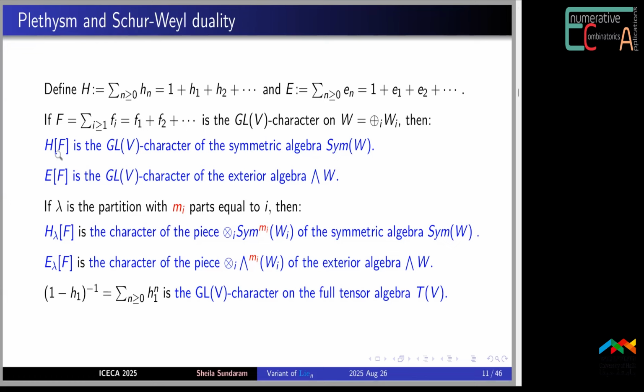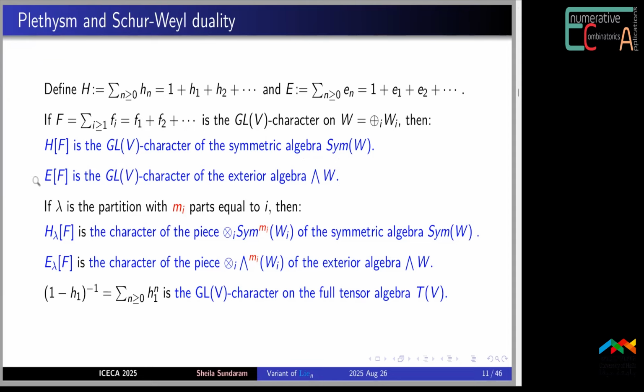Then when I write H square brackets F, which really is a computable plethysm, it's the GL(V) character of the symmetric algebra on W. And similarly, E square brackets F is the GL(V) character on the exterior algebra of W.